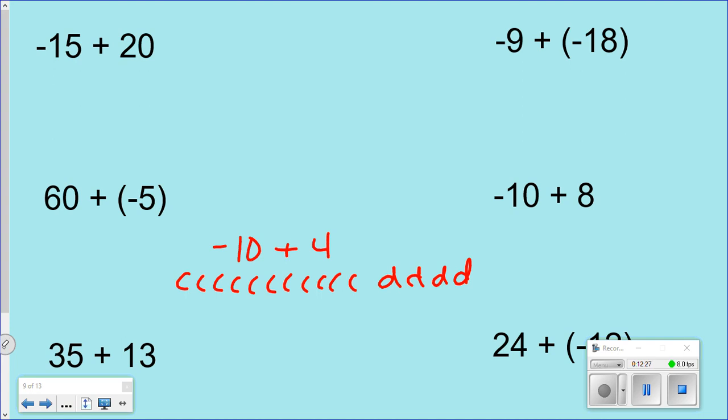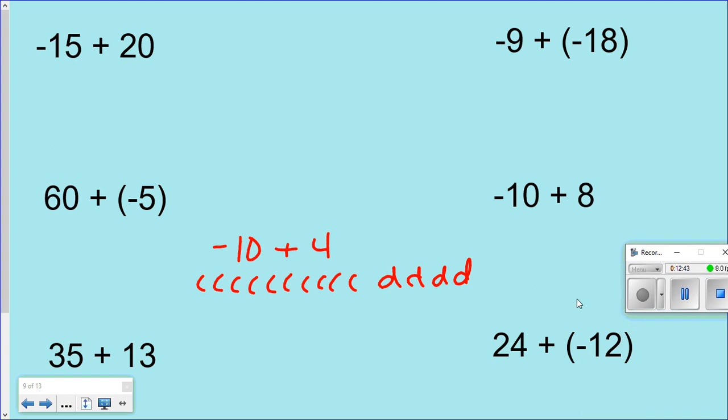Oops, I put an extra one on it. I was talking and doing it at the same time. Do what you need to do, okay? Some of you will be able to do this in your head. That's great. If you need to draw some things out, draw some things out. The goal is to get you to be able to do it in your head, though. That's the goal.